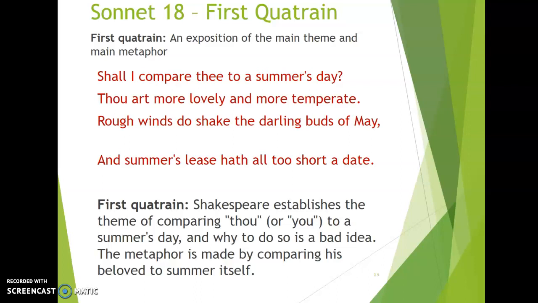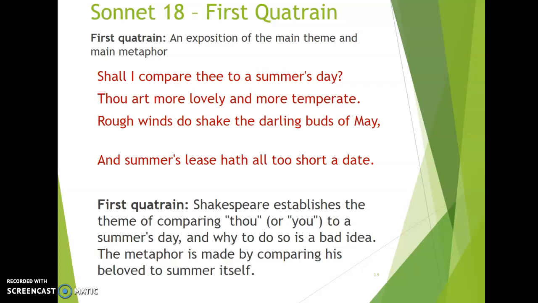He's saying in the second line, you are more lovely and more temperate, or like you're more mild, more kind of relaxed. And here in lines 3 and 4, he's basically just saying that there are rough winds in summer that shake the buds of May, like flowers of May, and that summer is too short.